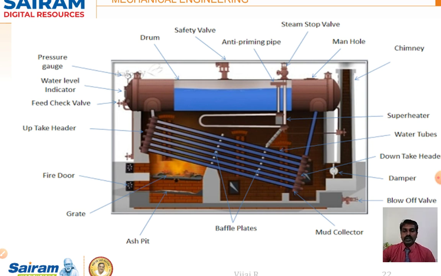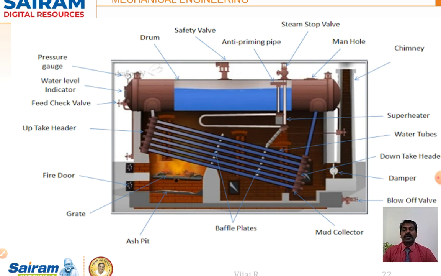Here the water is heated up and steam is generated. The hot steam automatically moves upward in the tubes and settles at the top of the boiler drum through the uptake header. At the top of the drum there are safety valves, a steam stop valve, and a manhole.